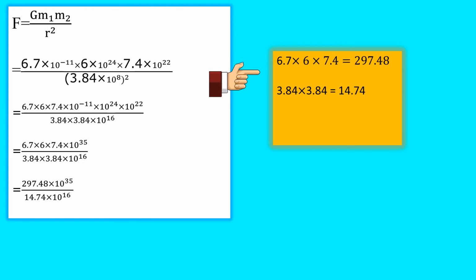Now we have to multiply these numerator terms, that is 6.7 into 6 into 7.4. So it will be 297.48 into 10 raised to 35 upon 3.84 into 3.84, that is 14.74 into 10 raised to 16 as it is. If you want to see the multiplication, children, you can see it on the right hand side.